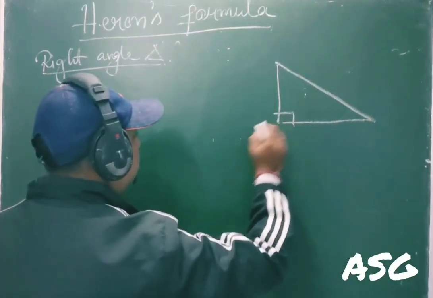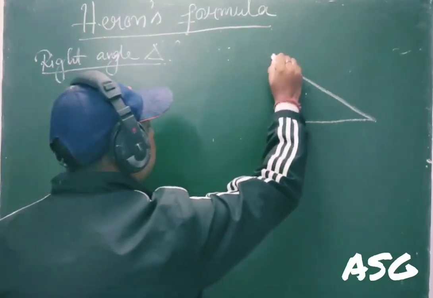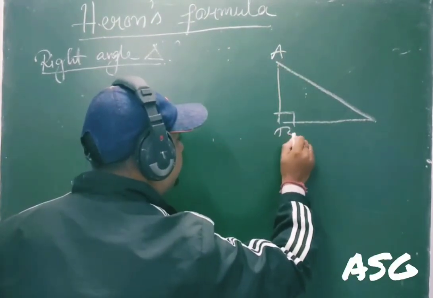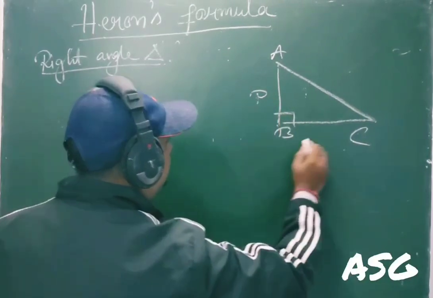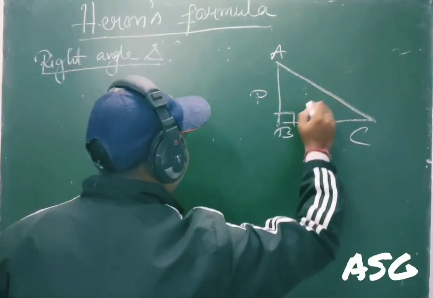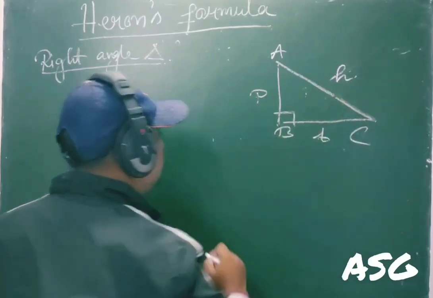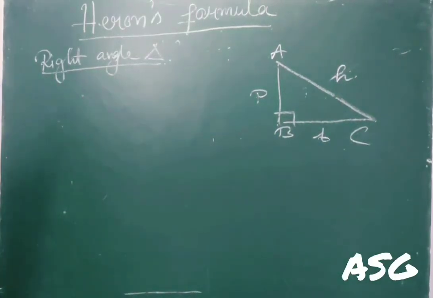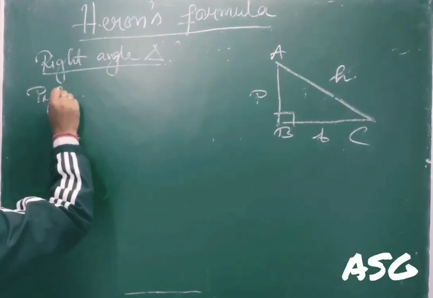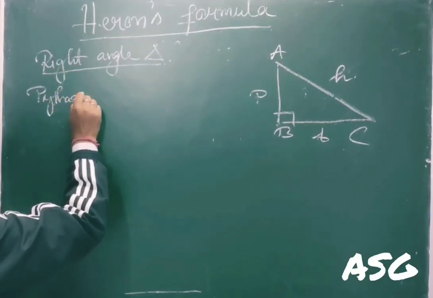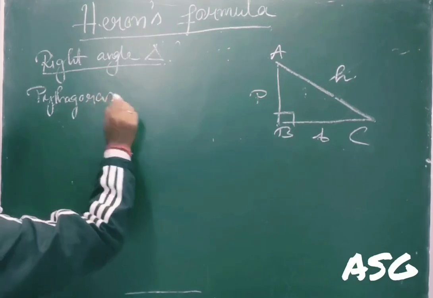See, this angle is your 90 degrees. How do we name it? This one is perpendicular, this one is base, and this side we call hypotenuse.